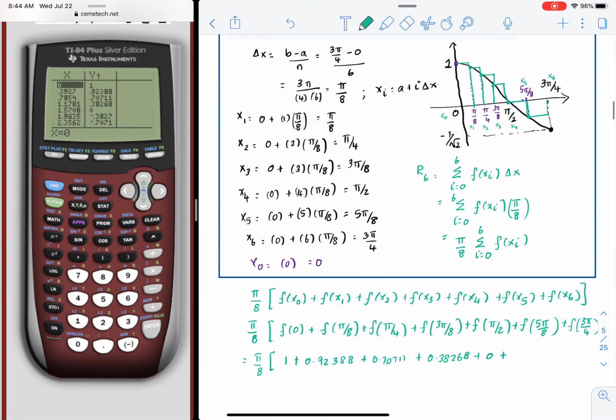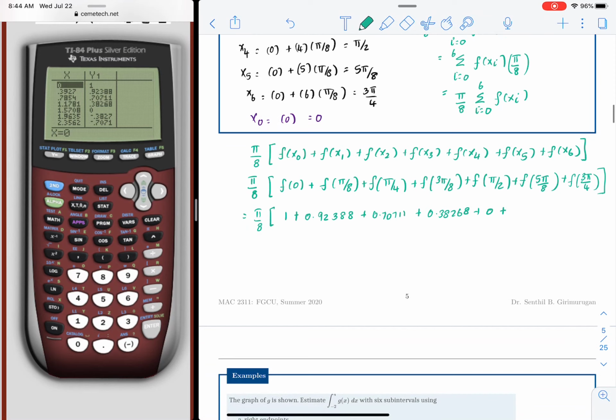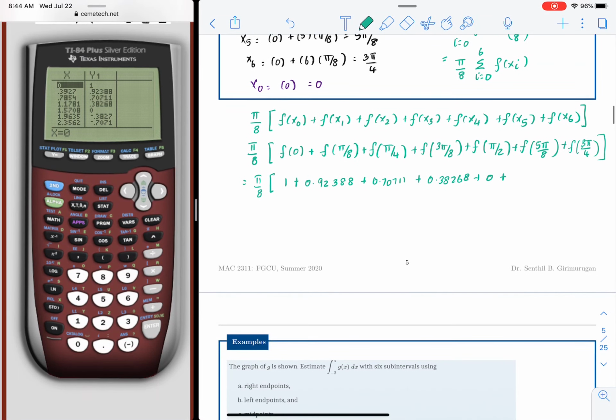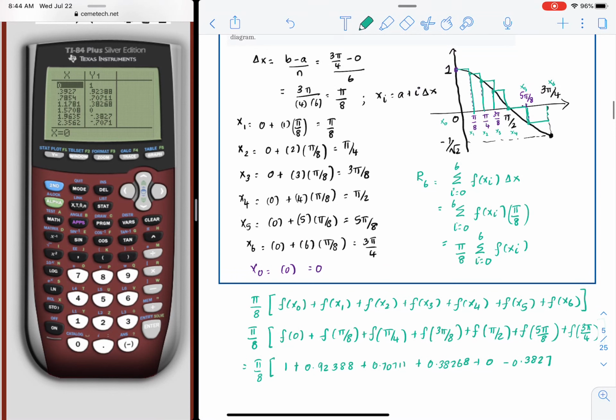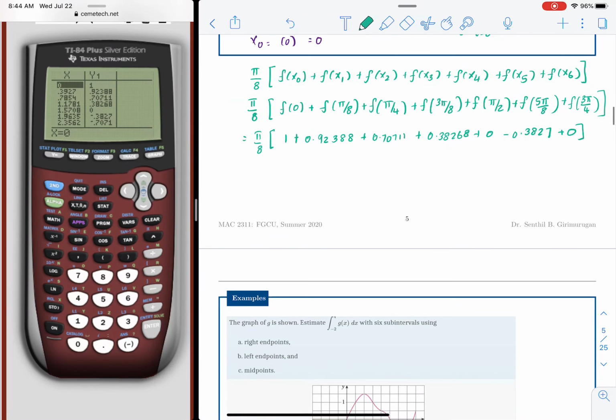And the next one is f of 5 pi over 8, which would give us negative 0.3827. Mind you, the last one has to be 0 because I can't have a rectangle there because the function stops at 0. So we can't include that part, so I'm just going to put 0.